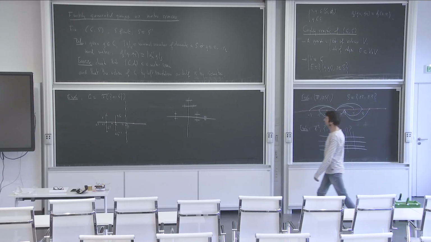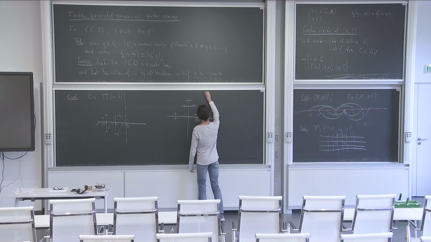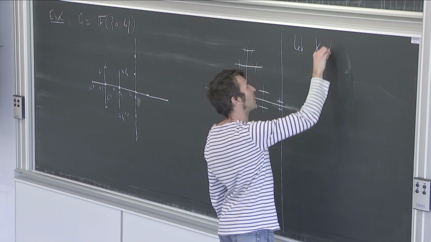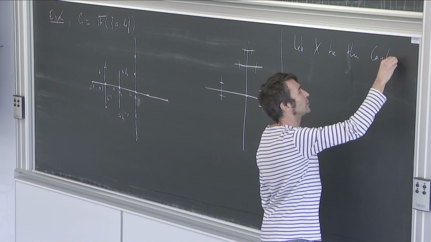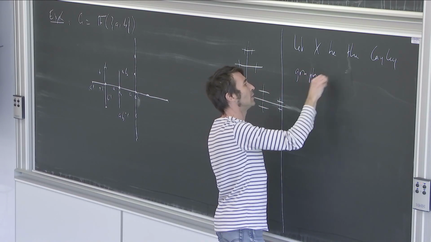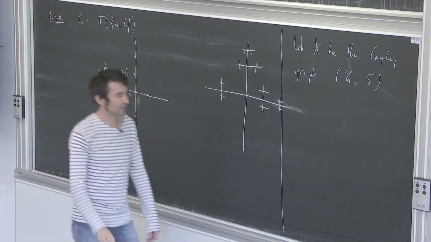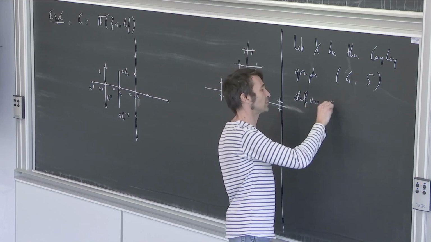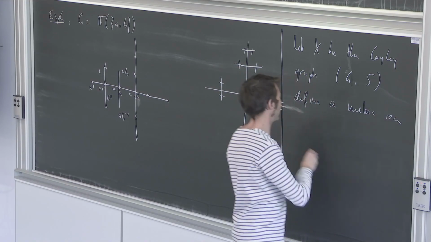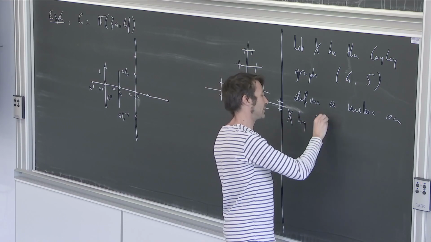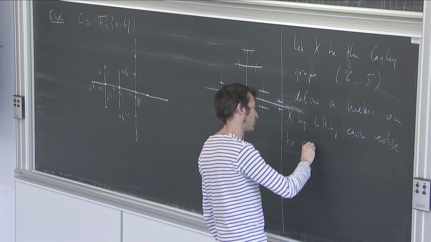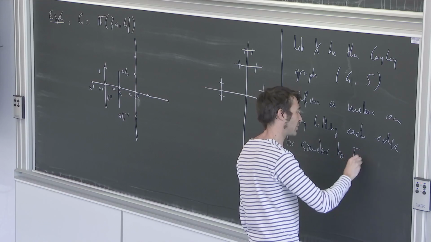And so before I conclude this lecture, I would just like to say two things. Once we define the Cayley graph, let X be the Cayley graph of a group G with a finite generating set S. Then we can define a metric on X by letting each edge be isometric to the segment [0, 1].